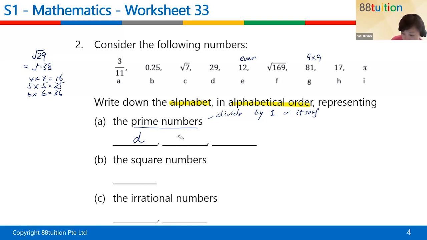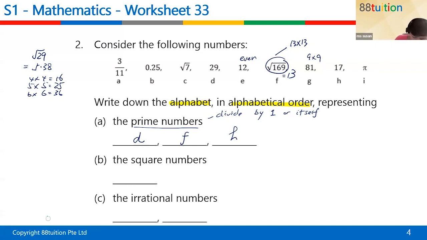Okay. I missed out something. You see, the square root of 169 is 13 times 13. Correct? So 13 times 13, it can only be 1 times 13 and nothing else. So maybe I write here 13. So this one is a prime number.